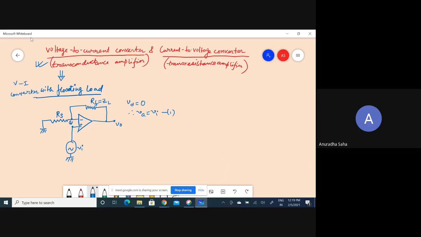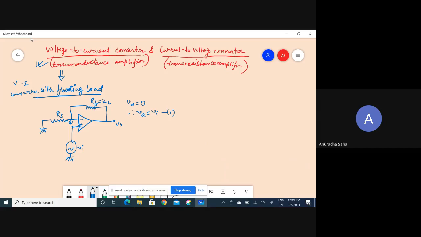If I say that this is my load impedance or load resistance, that means we are applying a positive voltage source at the non-inverting input terminal. So automatically my output will be the greater version of what we have in the input side, because we know that for a non-inverting amplifier, output voltage Vo equals 1 plus RF by R1 into Vin.